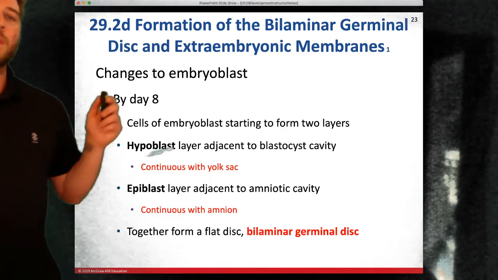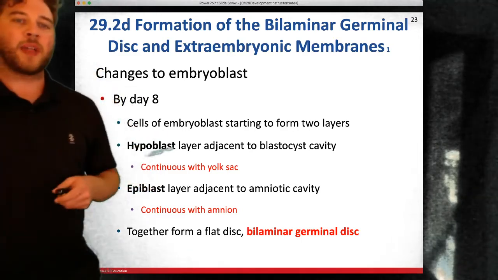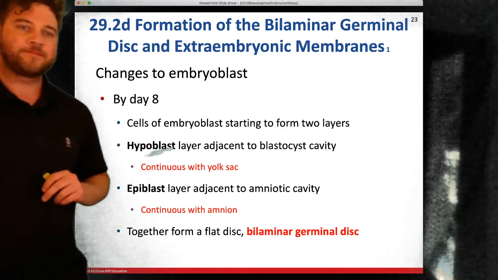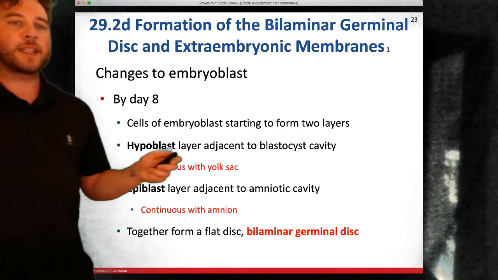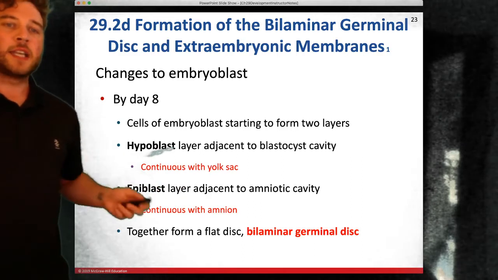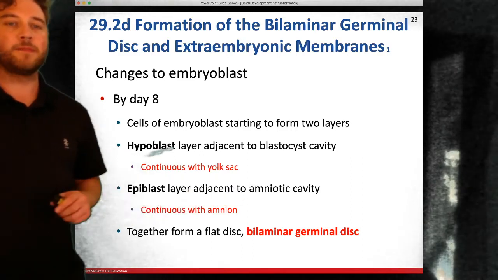Okay, then you start to have changes to your embryoblast layers. By day 8, the cells of the embryoblast start to form 2 distinct layers, your hypoblast and your epiblast. Lots of layers to remember in here, sorry. The hypoblast is the layer adjacent to the blastocyst cavity, continuous with the yolk sac. The epiblast is continuous with the amnion, close to the amniotic cavity.